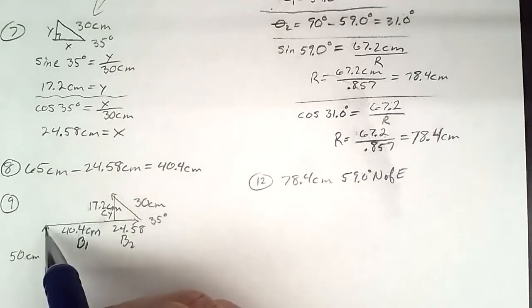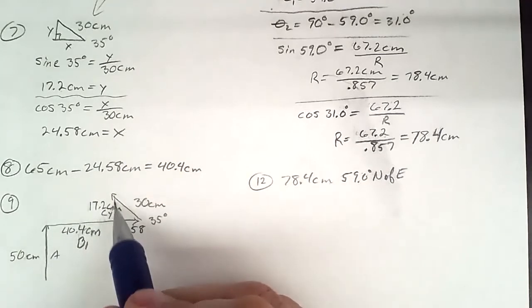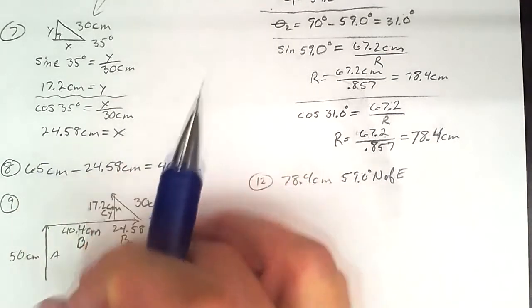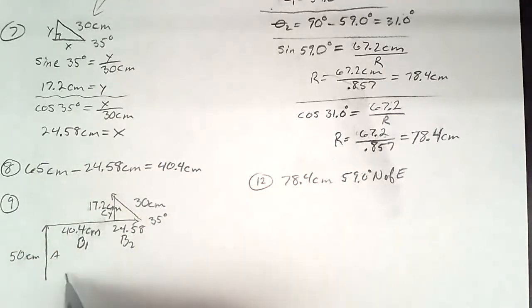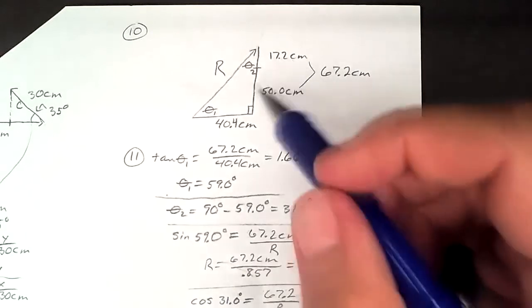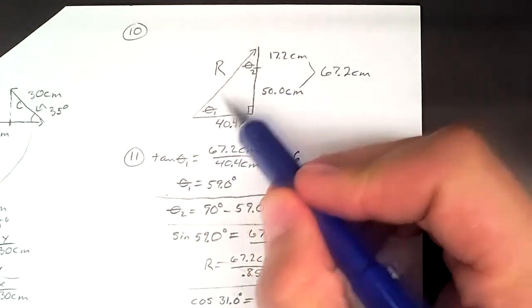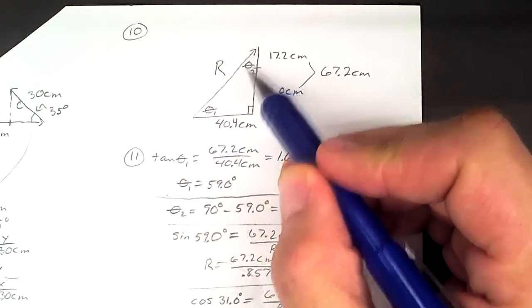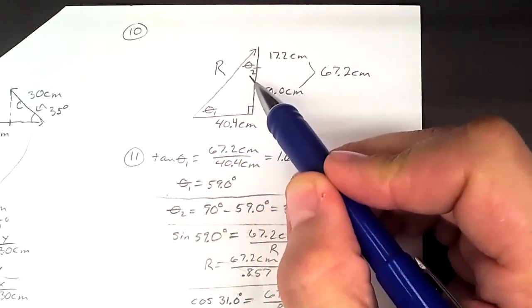So here's my total vertical, 50 plus 17.2. Let's put them together and then move this down. And that's the bottom of my right triangle now, the 40.4 centimeters. And here's what we get. And so my total displacement is R, again, the resultant vector. And I just call the angles theta 1 and theta 2 here.